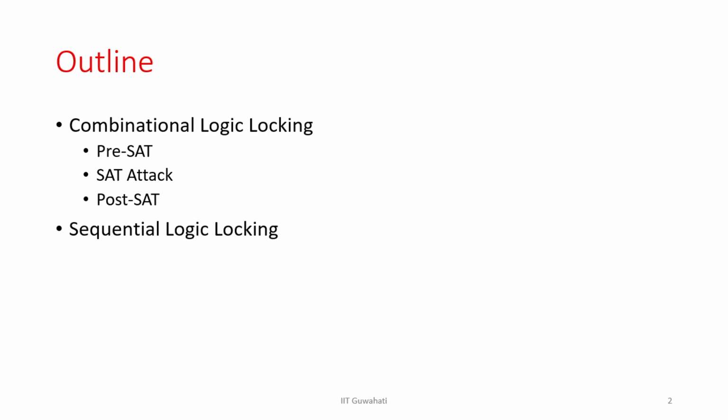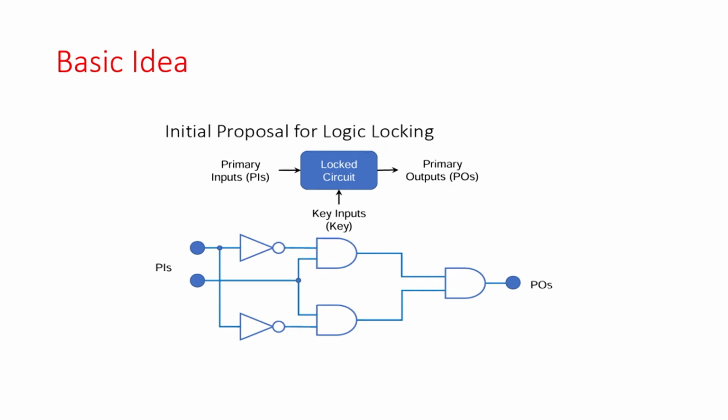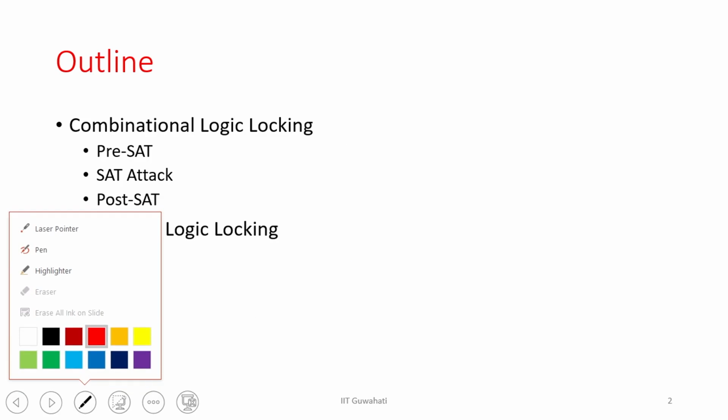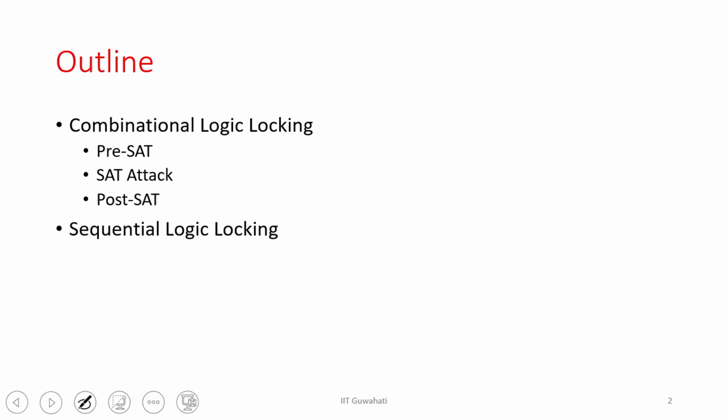So, I can classify the attacks in basically two categories: the techniques which were used before the SAT attack, and the techniques that were developed post SAT attack. These are completely different attacks, with different strategies.